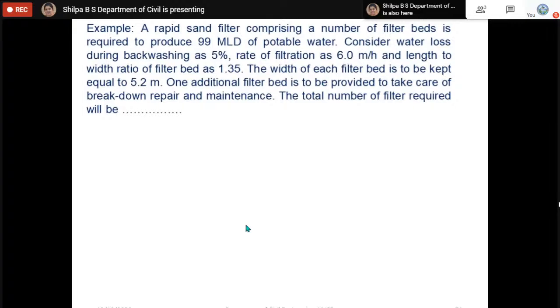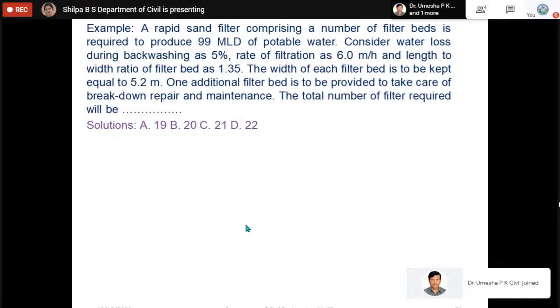A rapid sand filter comprising a number of filter beds is required to produce 99 MLD of potable water. Consider the water loss during backwashing as 5%, the rate of filtration as 6 meter per hour, and the length to width ratio of the filter as 1.35.